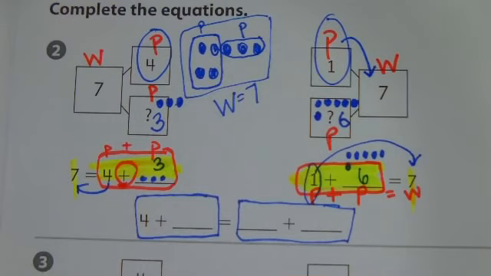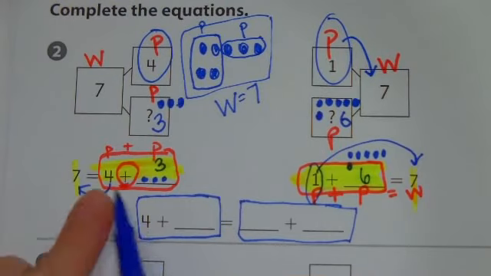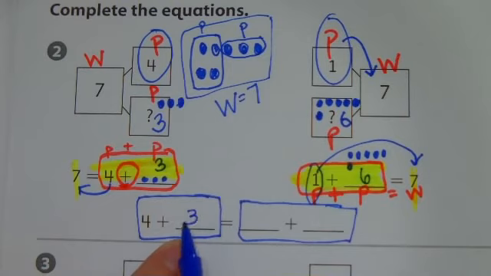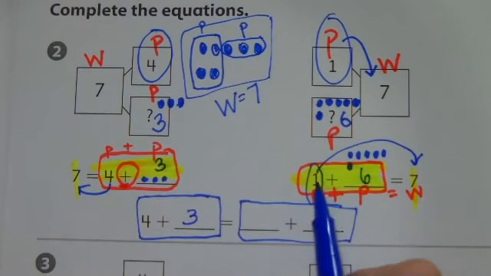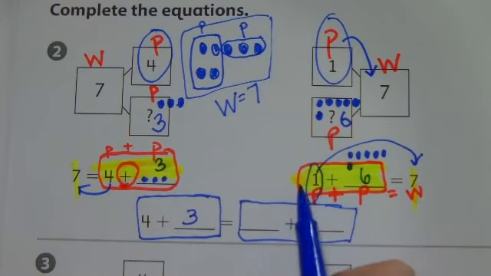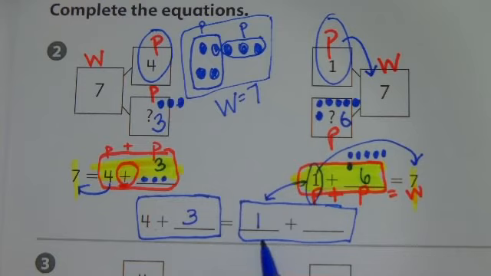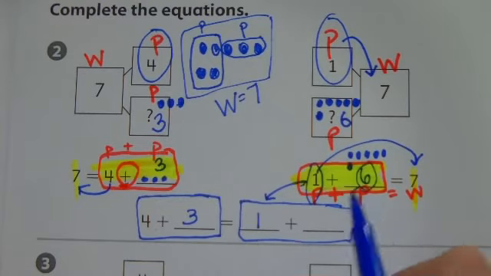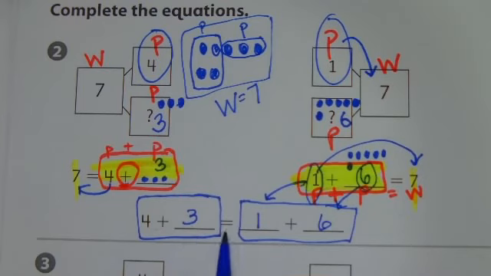So we're just going to move the two parts down here to show that they are equal to each other, right? So 4 plus 3 is equal to, here's my 1, so I'm going to put that 1 here, and my 6 is going to go there, plus 6.